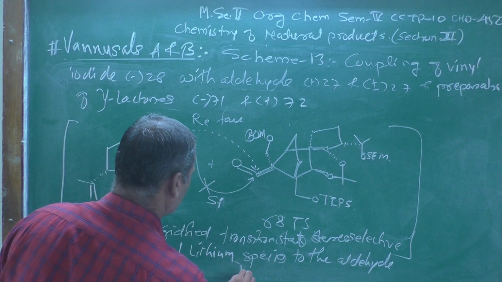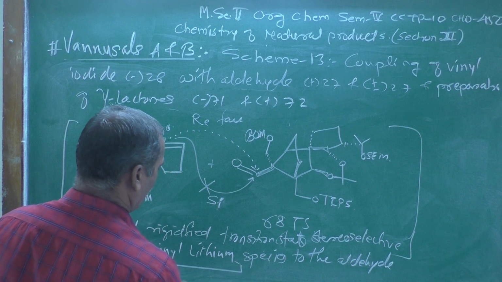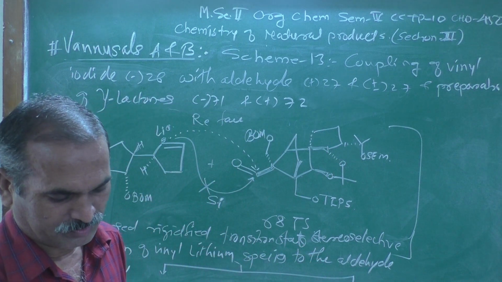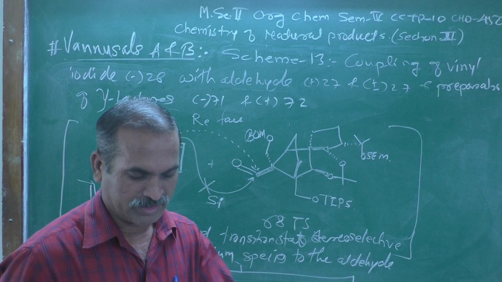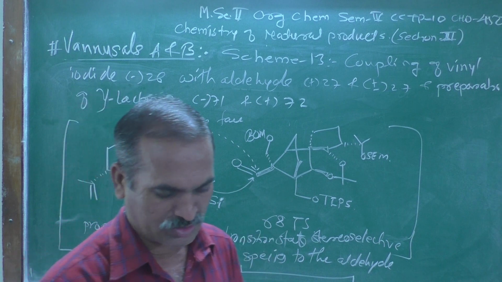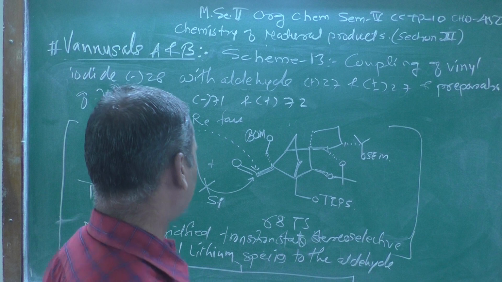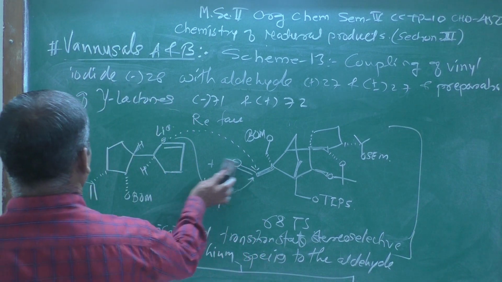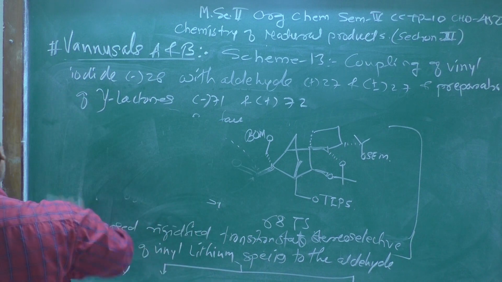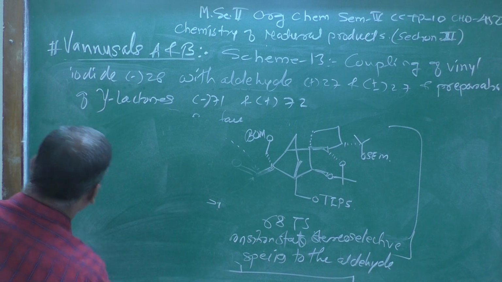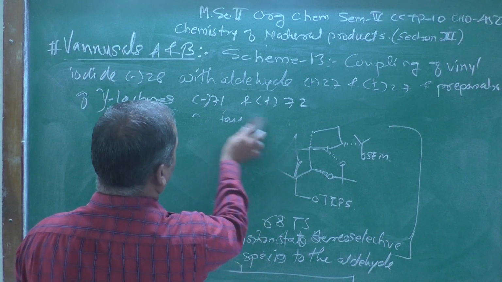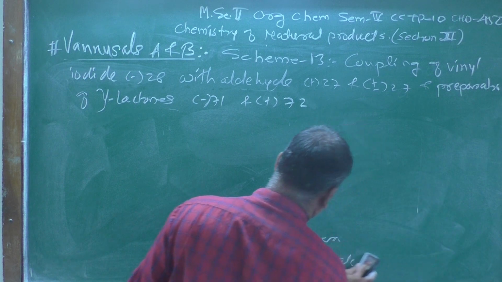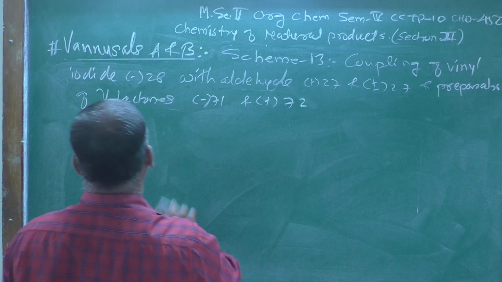And now remember, after this I am going to show over here this type of arrow, you must understand this continuity. So due to the pace I am showing these two things over here. Now imagine there is a re face and an si face present in the carbonyl group, because that carbonyl has sp2 hybridization, and that is why it is planar, and due to this reason there are two faces.